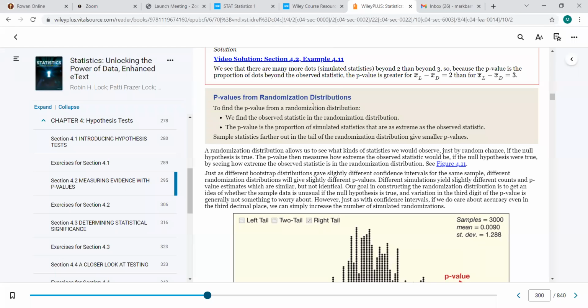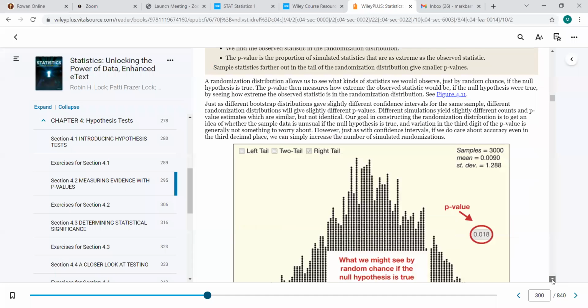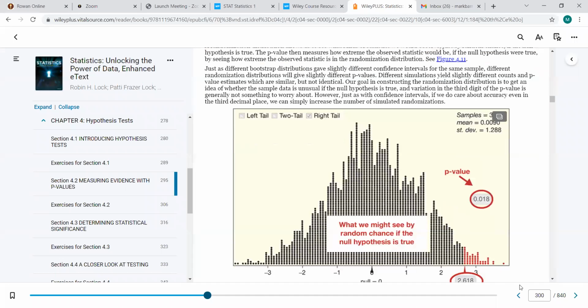So p-values from a randomization distribution. To find a p-value, we find the observed statistic, that's from the actual sample. We, of course, create the randomization distribution, and we find where along the curve is that particular observed statistic. In this case, 2.618 is right over here, right? All right.